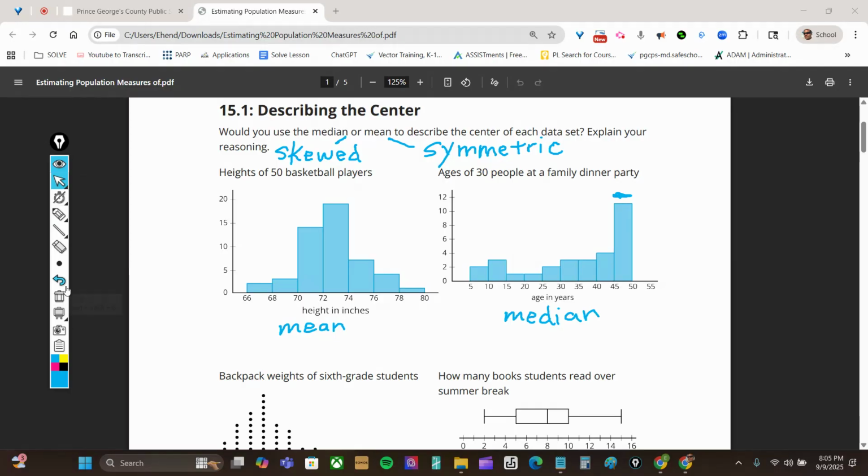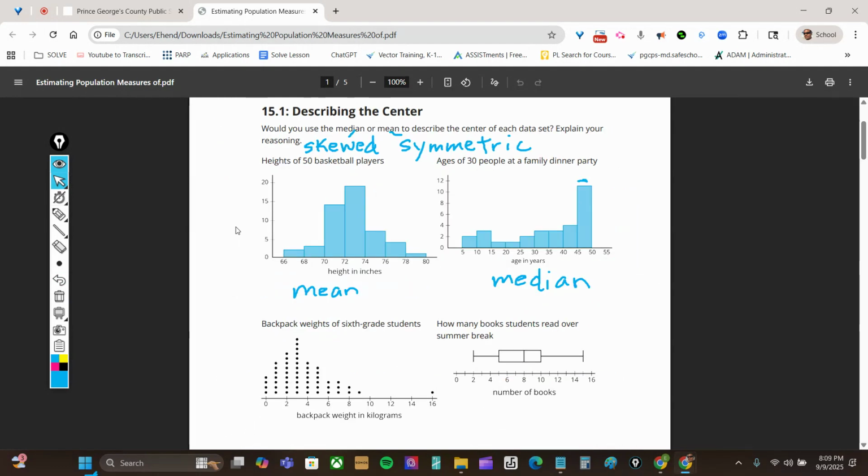All right, so let's look at the other two, all of them at the same time.